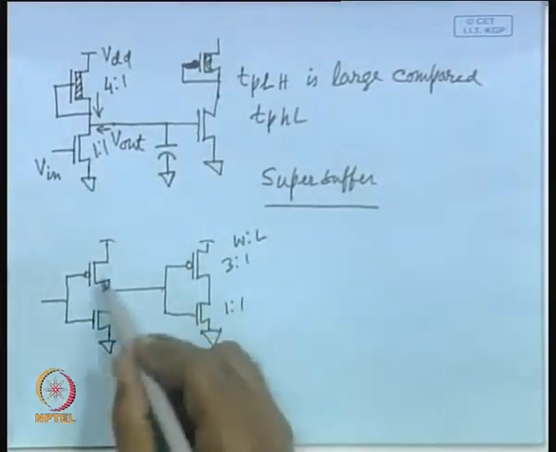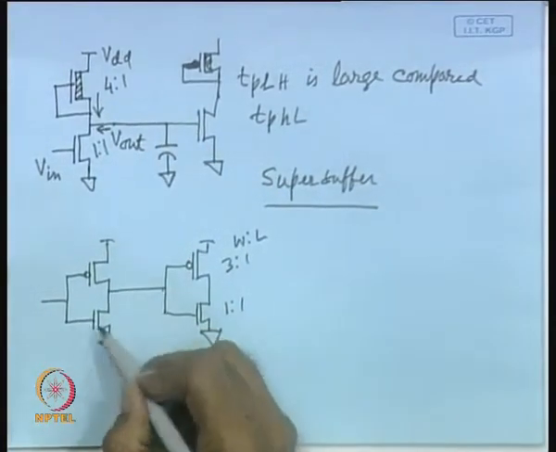So, we can see that CMOS circuits, although the current drive capability is little larger, but the capacitance is also larger, and as a consequence it has been found that the delay of a NMOS inverter and a CMOS inverter is comparable.